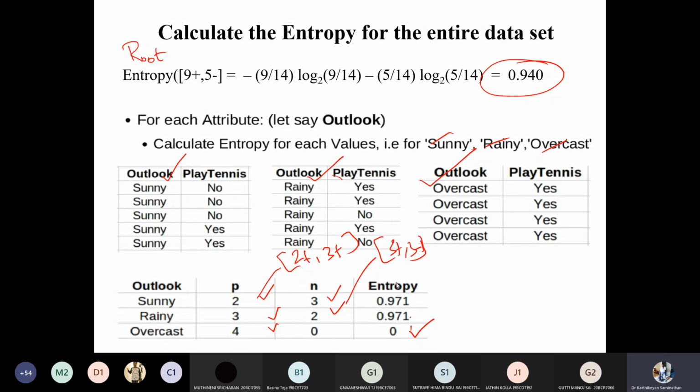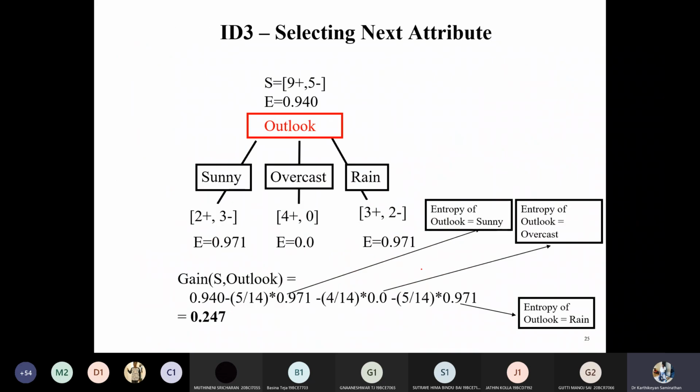You are getting the entropy value 0.971. Here sunny is 2 plus and 3 minus, overcast 4 plus 0, rainy 3 plus 2 minus. So the entropy value is 0.971 for sunny, 0 for overcast, and the same 0.971 for rainy. Both sunny and rainy entropy values are the same.